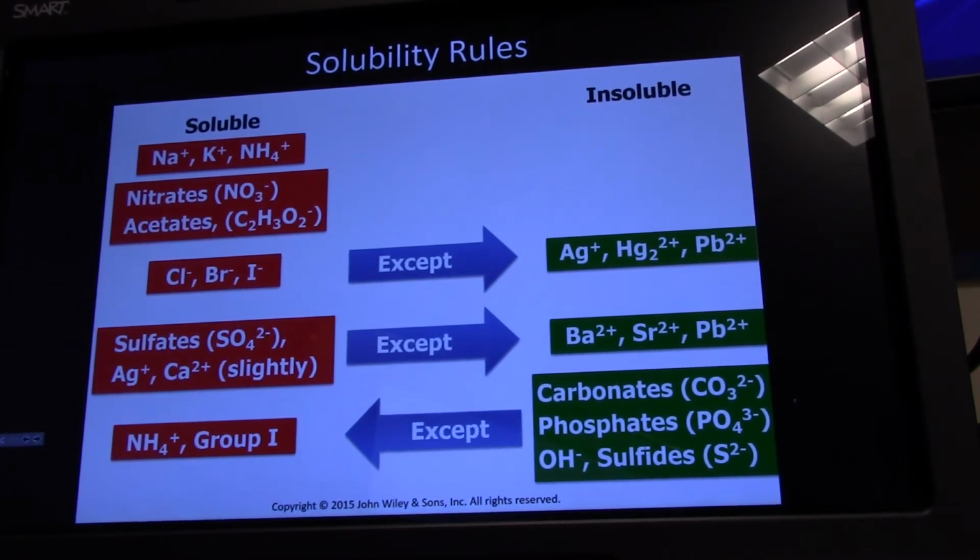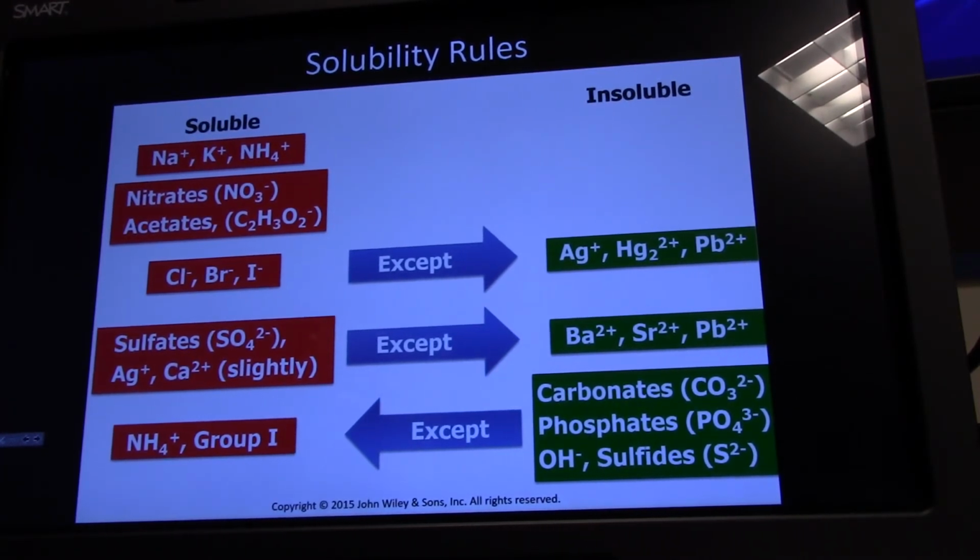So silver chloride does not dissolve in water. And that's why you can't use tap water when we use silver salts, because the natural chlorides in tap water bind up to silver and it gets cloudy right away. So silver, mercury, and lead chlorides, bromides, and iodides are not soluble. The rest of them are.